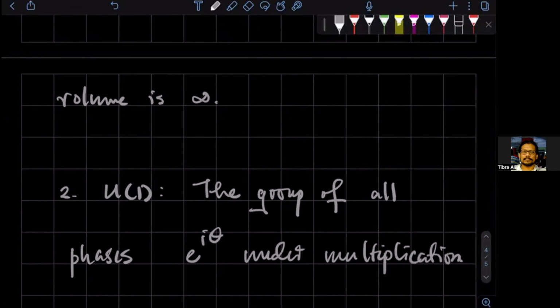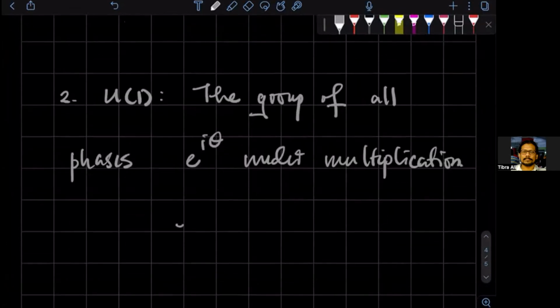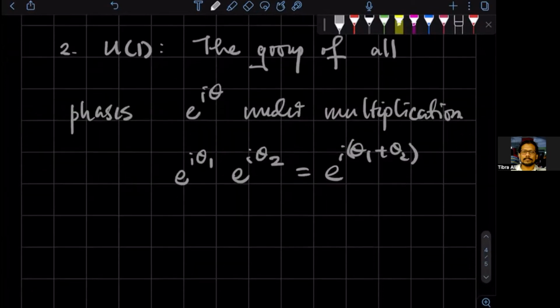Okay. So if I have e to the power i theta 1 and I multiply it by e to the power i theta 2, I get e to the power i (theta 1 plus theta 2). Okay. Where the thetas take values within 0 to 2 pi.